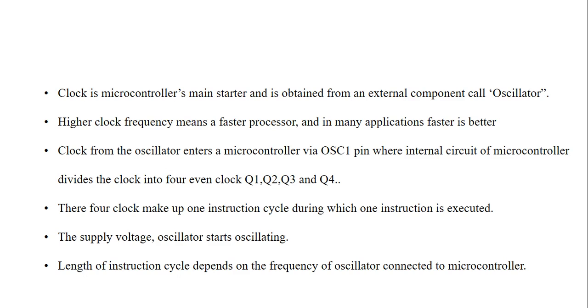We know the relation between frequency and time: as you increase the frequency, time is reduced. They are inversely proportional to each other. If I choose a crystal frequency of higher value, the time will be reduced.